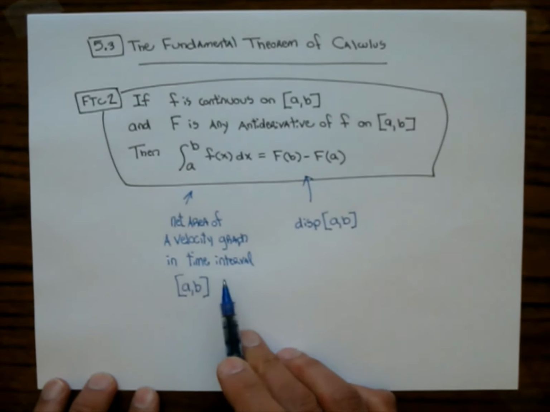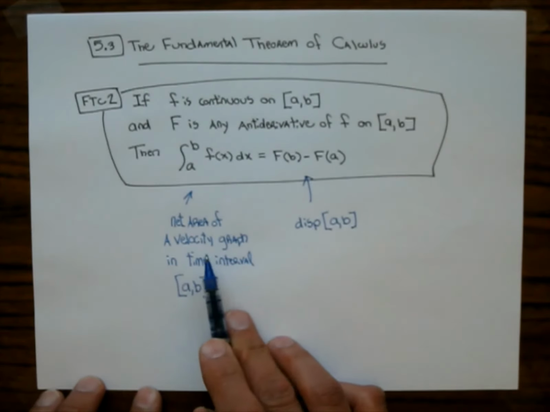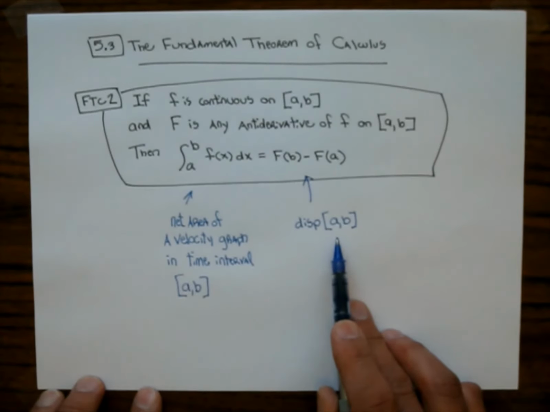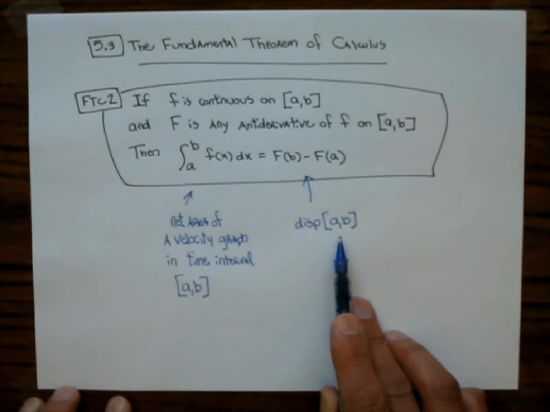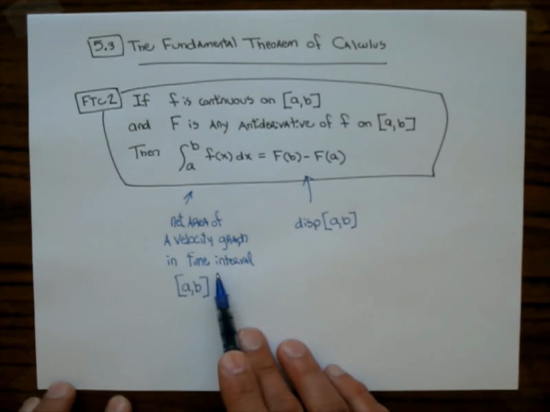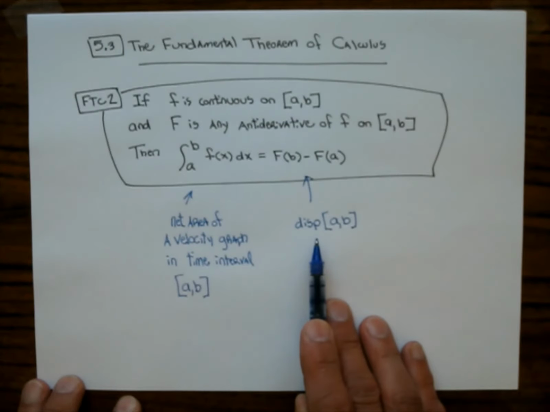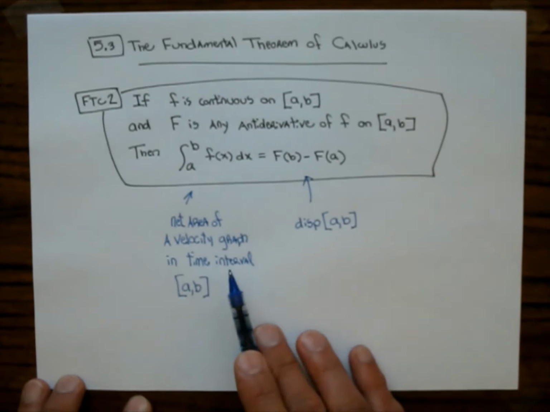I think it was bug 13, or it could have been earlier. The net area of a velocity graph in the time interval is actually equal to the displacement over that time interval. And so that's really the real motivation for me for the fundamental theorem of calculus part 2.